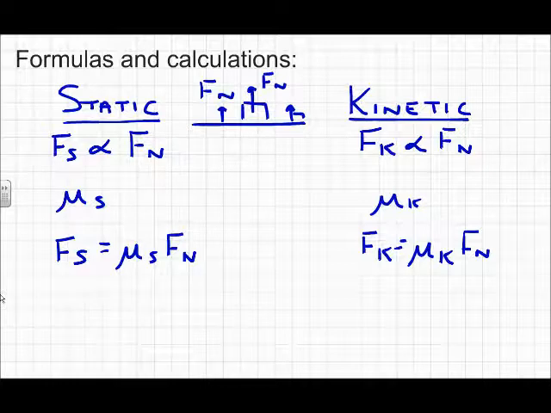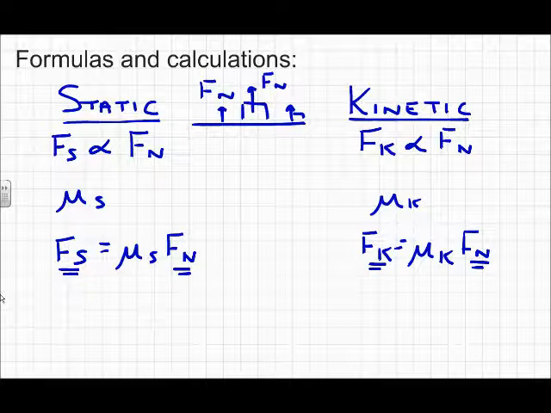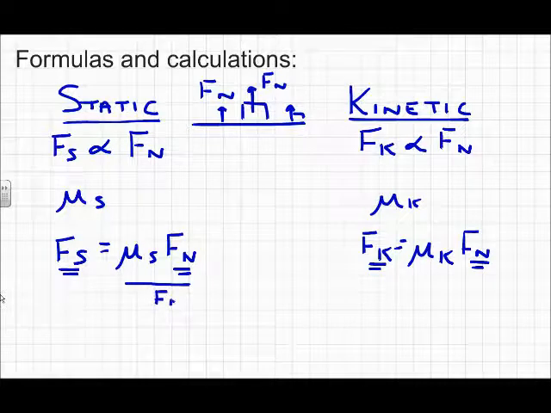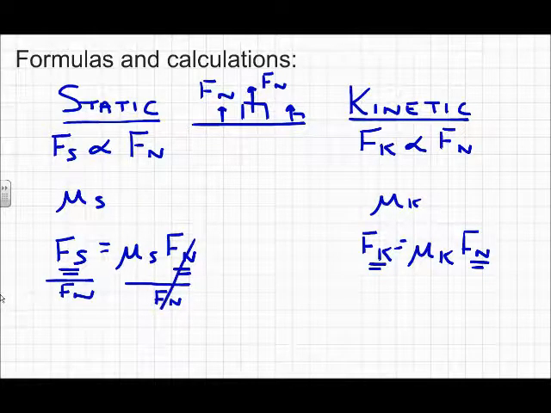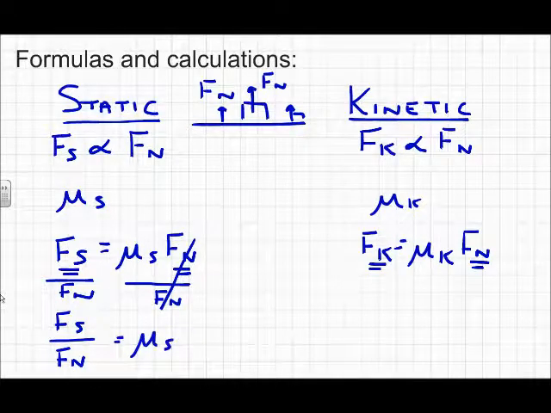However, in our labs, we're going to measure those friction forces, and we're going to figure out how strong that normal force is. So we can actually rearrange this relationship. So if I divide both sides by the normal force, it'll cancel out on this side of the equation, so that we see that the ratio between the static friction force and the normal force is equal to our coefficient.